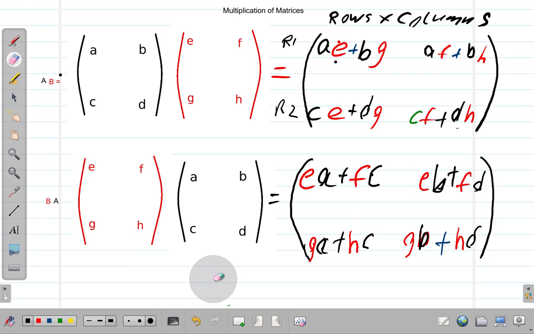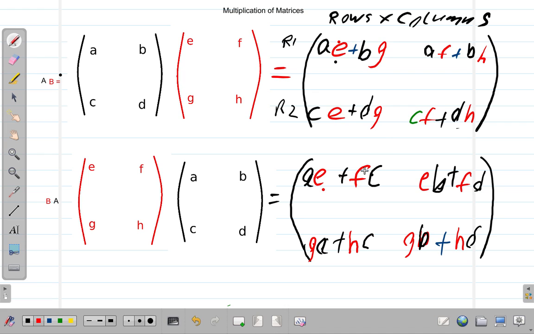Let's look at the two matrices here. We have AE plus BG. Are they the same? We could rewrite EA as AE. Let me try to make them the same. Let's put this as AE, alphabetical order, just like up here, plus BG.